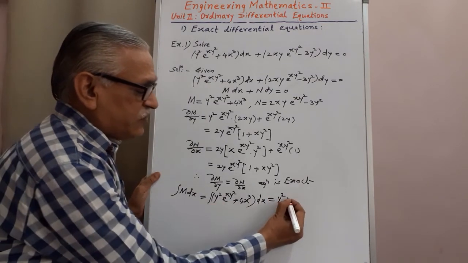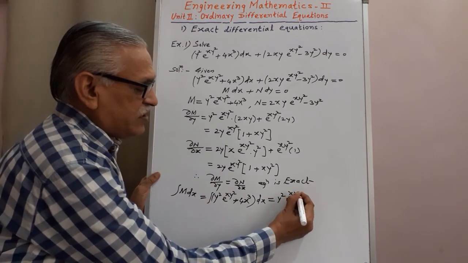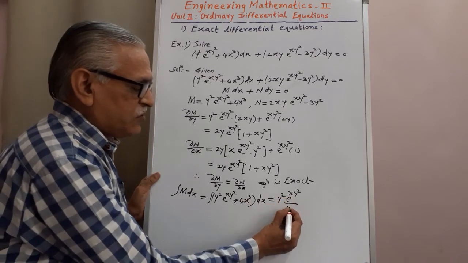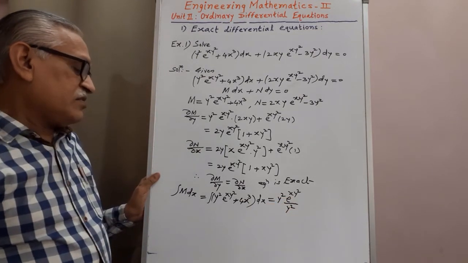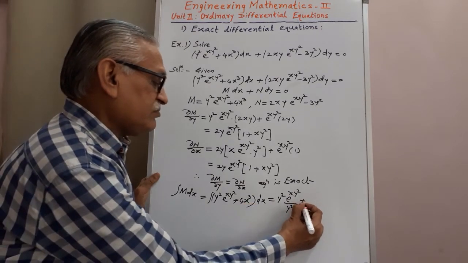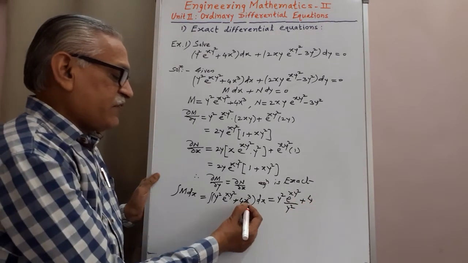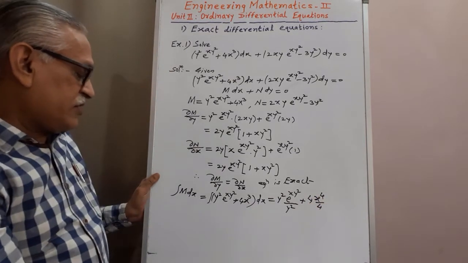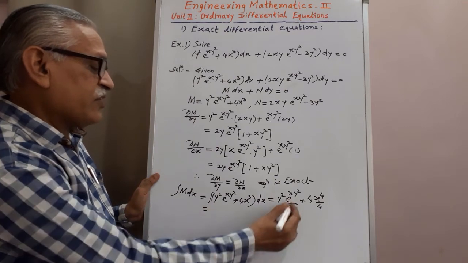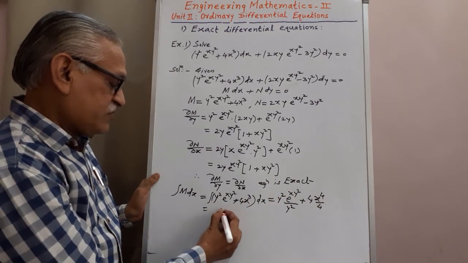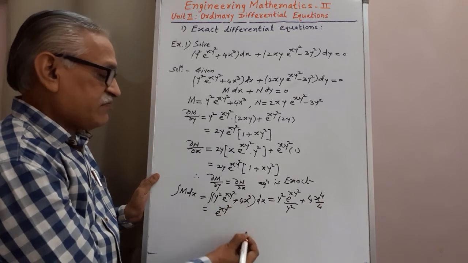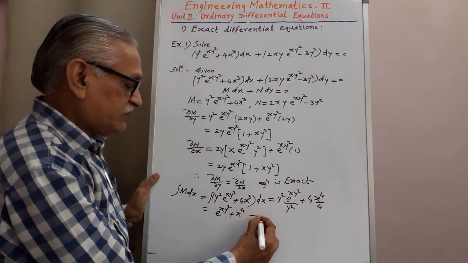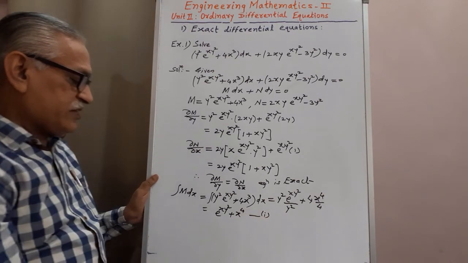Integration of e raised to xy square is e raised to xy square divided by coefficient of x, here y square, plus 4, integration of x cube is x raised to 4 by 4. Y square gets cancelled, we get e raised to xy square, 4 gets cancelled, x raised to 4. We call this equation 1.